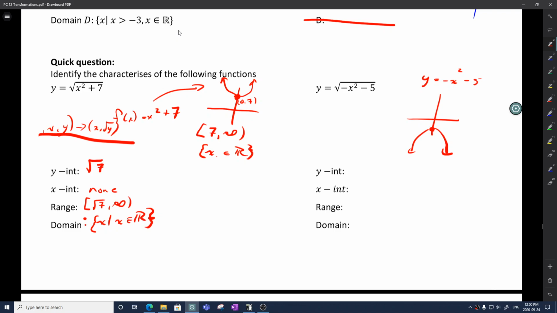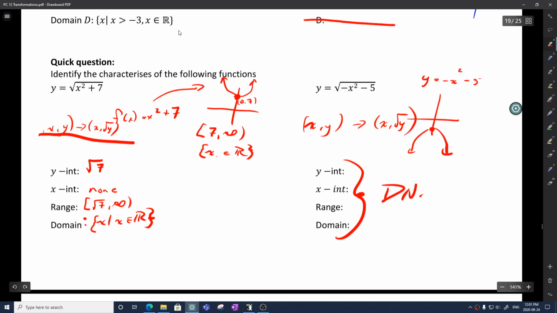All the y values are negative. So my function f of x exists, but the square root of f of x does not exist, because this only works when the y values are positive. All my y values are negative. So actually, my function does not exist. Tricky, tricky. Let's go on to the last example.